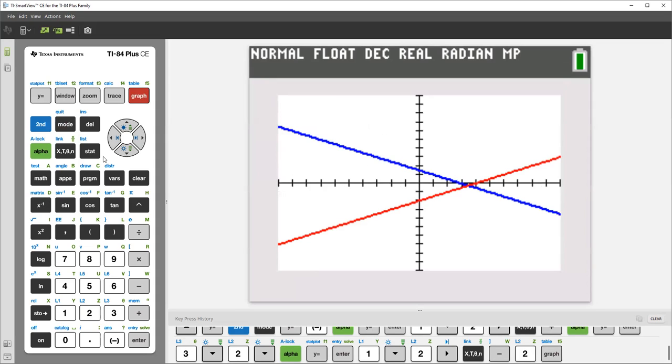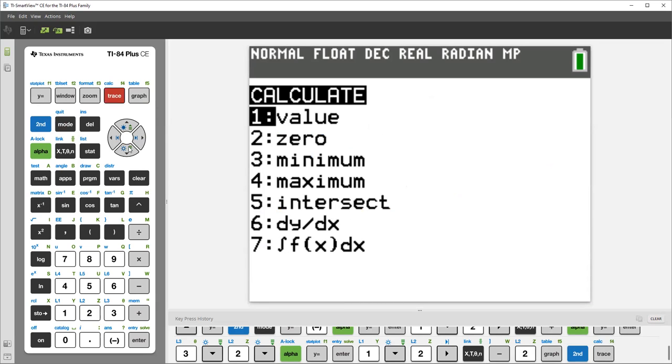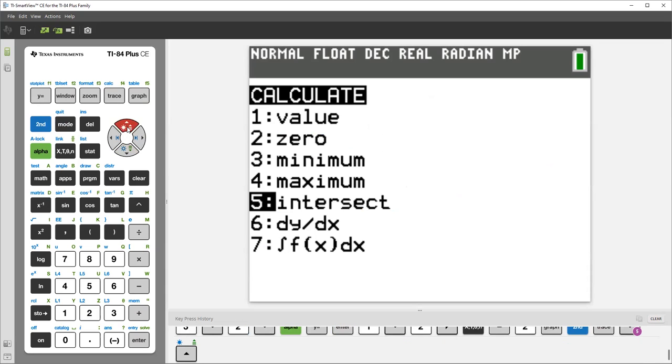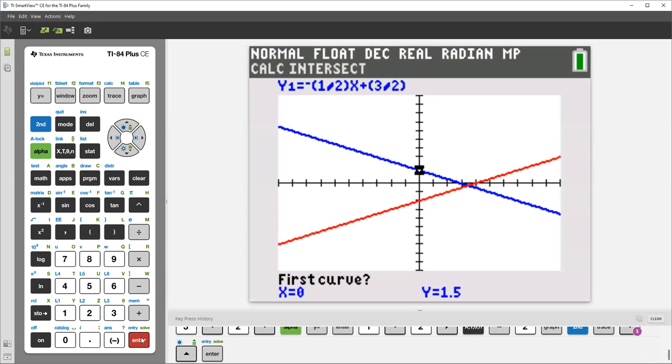Well, how do I find that intersection specifically? I need to click on second trace, and tell my calculator that I want to find the intersection. So that is 5. I click enter, move that flashing dot to the right side, put it right on the intersection, and click enter 3 times.